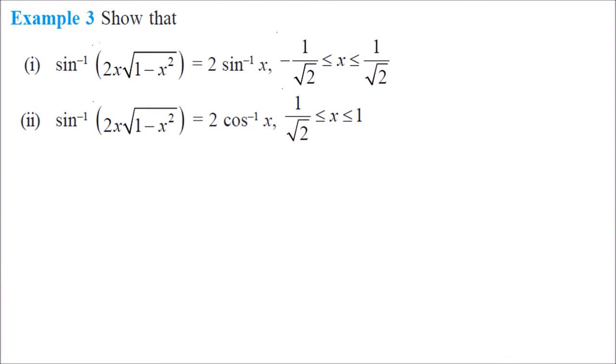You have to show that sine inverse 2x under root 1 minus x square is equal to 2 sine inverse x, where x lies between minus 1 by root 2 and 1 by root 2. So now, how to do this?